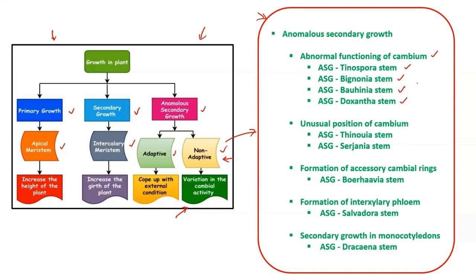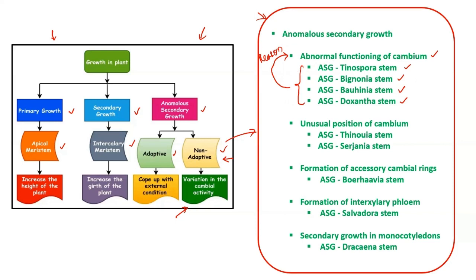So, if a question arises, then you should be knowing that in Doxantha stem, the anomalous secondary growth takes place, and the reason for all these four is this. Okay, so they might ask you the reason, or they might ask you otherwise.